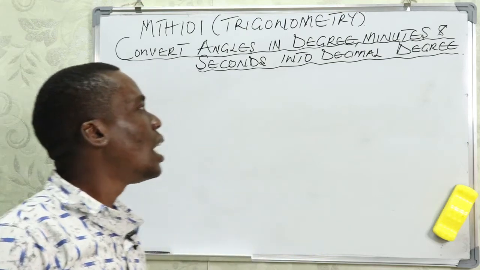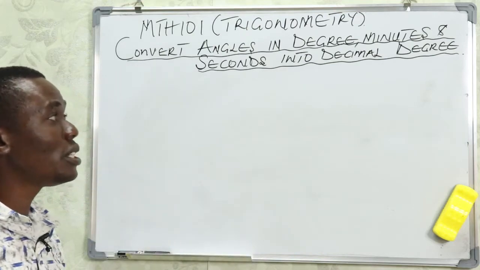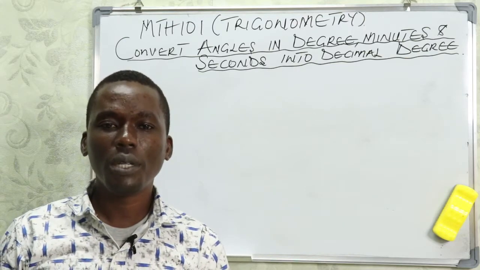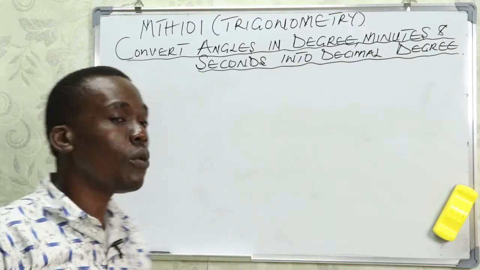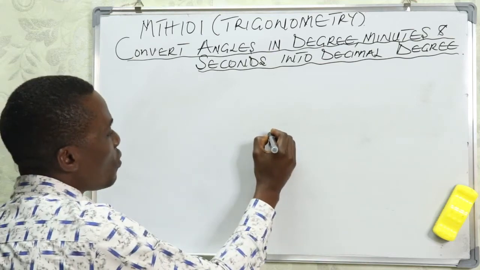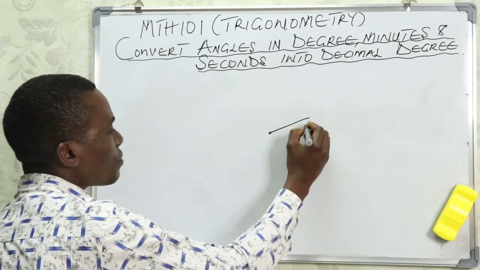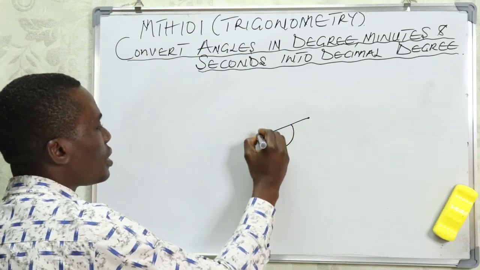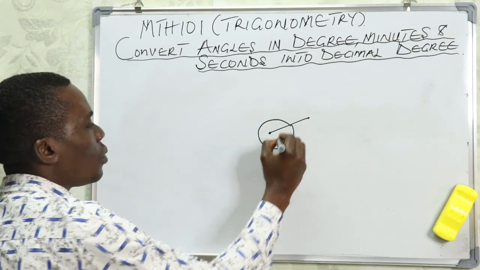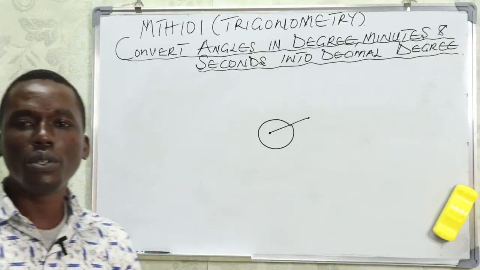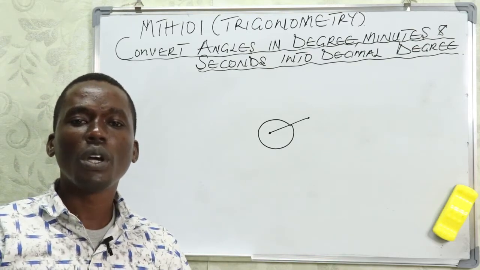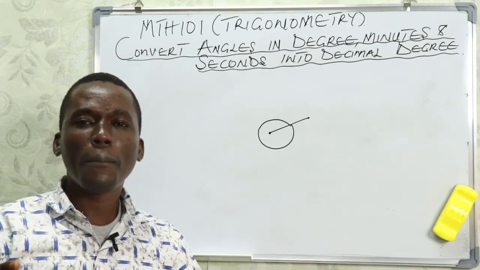Going to look at how you can convert angles in degrees, minutes and seconds to decimal degrees. To start with, note that when a straight line moves around a given point, round a circle, it makes a rotation which is measured in either degrees or radians.